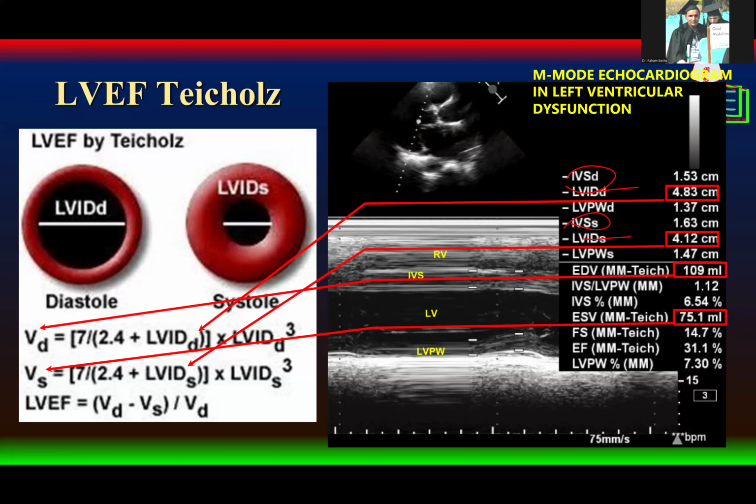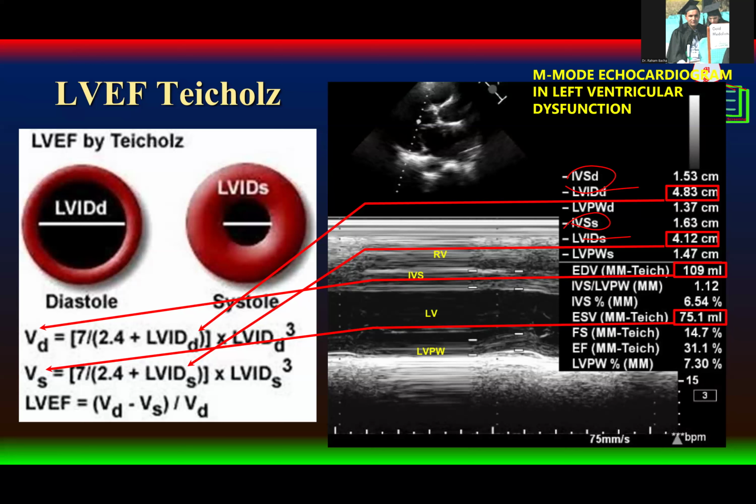But now we have the left ventricular internal dimension during diastole, which is 4.83, and the internal dimension during systole, which is 4.12, and the end diastolic volume is calculated as 1.9, and the systolic volume is calculated as 75.1 ml.